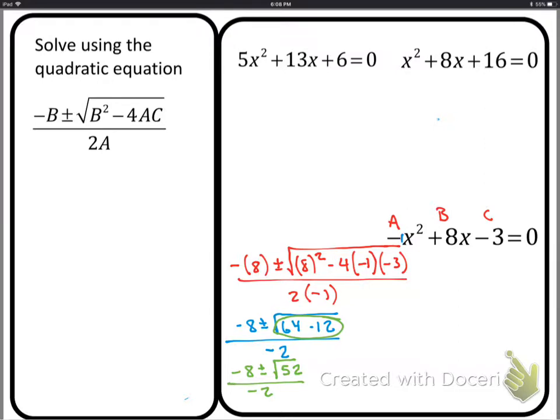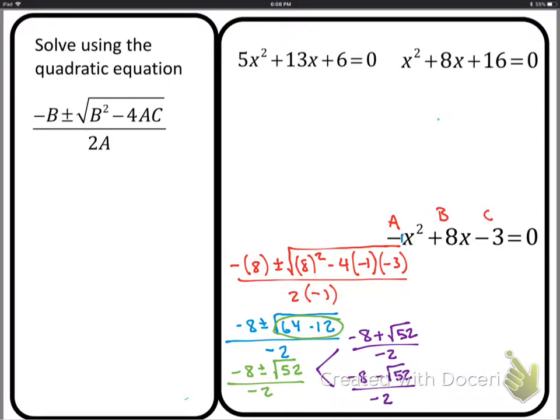So we're going to plug it straight into a calculator, but we're still going to split it into one plus and one minus. So this is -8 plus the square root of 52 divided by -2, and then a separate one that's -8 minus the square root of 52 divided by -2.